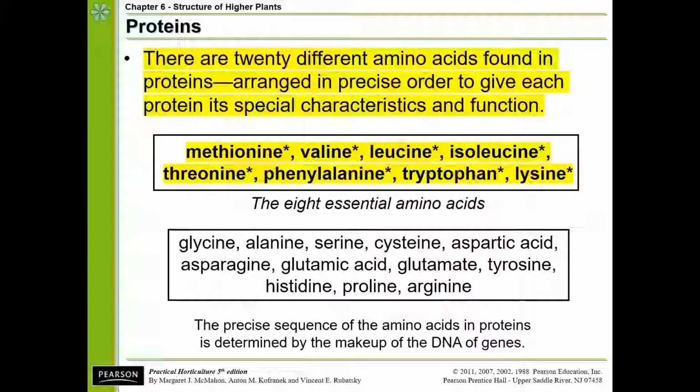There are actually 20 different amino acids found in proteins, but only 8 of those are actually essential to plant growth, and they are listed there. So just know that there are 8 essential amino acids for plant growth, and really for protein synthesis, although there can be up to 20 for really the best health of plants and people too.